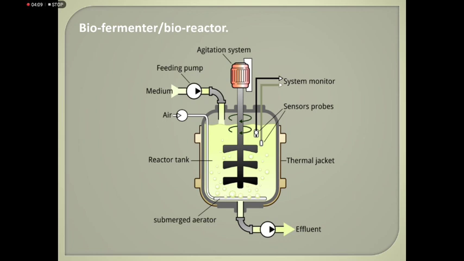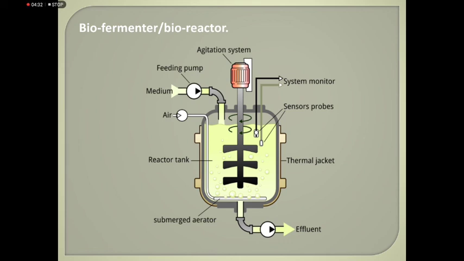Through aeration we provide oxygen. Then the reactor tank, then the submerged aerator, then the sensor probe. Which product is depleting or which product is available more can be sensed by these sensors.